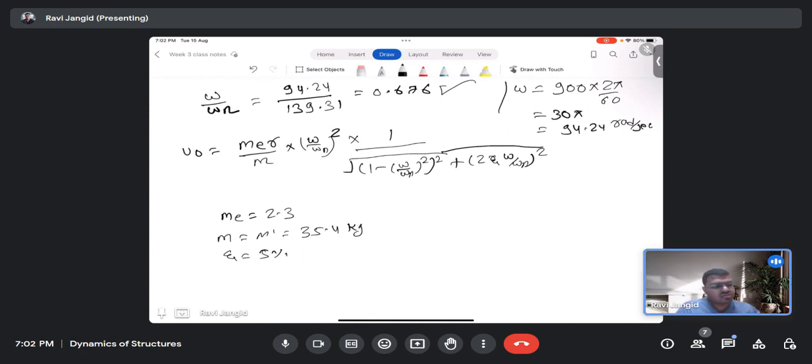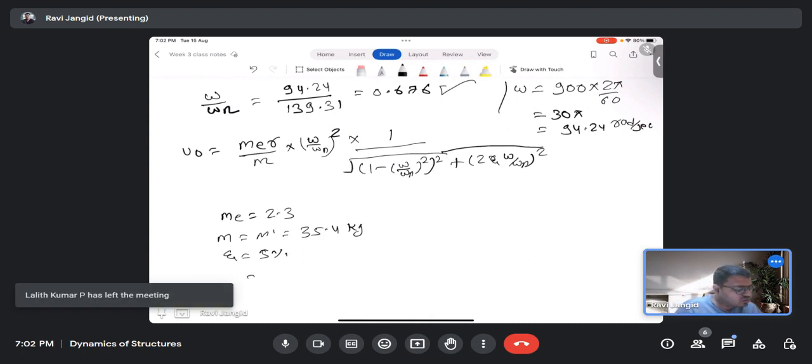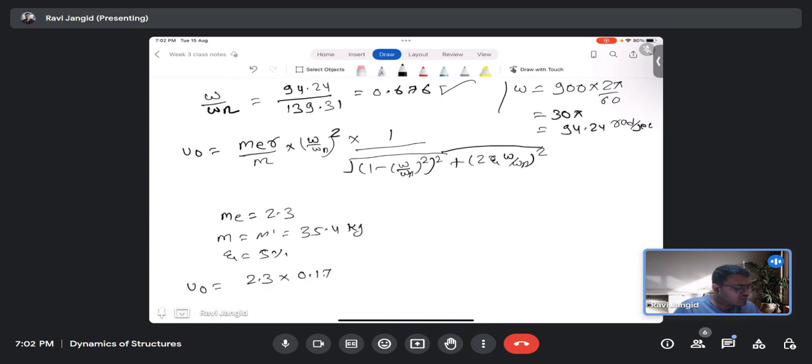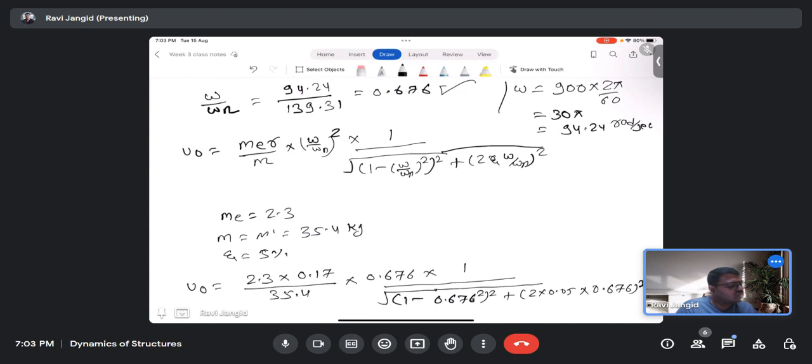So let us put the values one by one. me is 2.3, r is 0.17, m is 35.4, omega by omega n is 0.676, and 1 upon the square root of (1 minus 0.676 square) whole square plus (2 into 0.05 into 0.676) square.